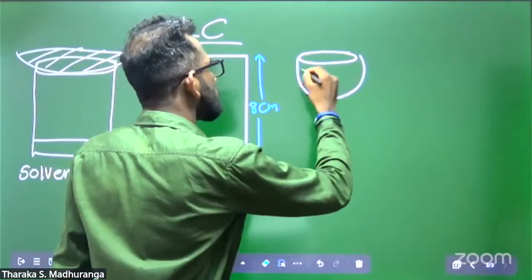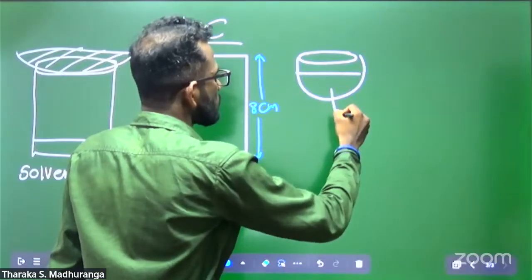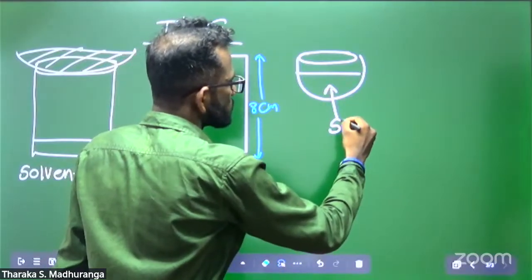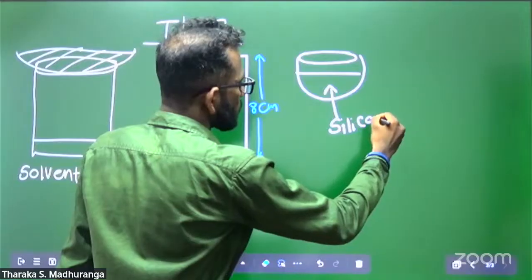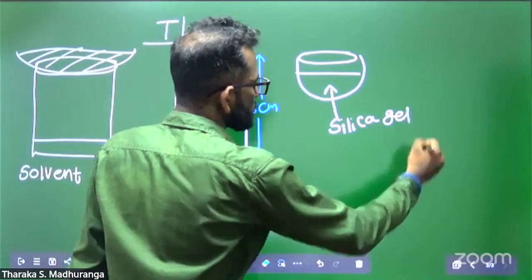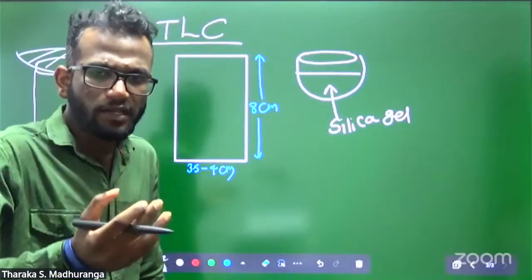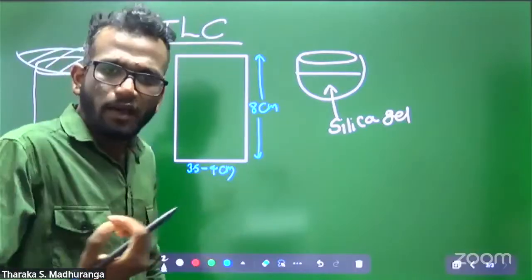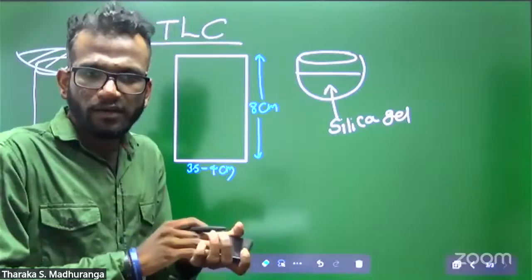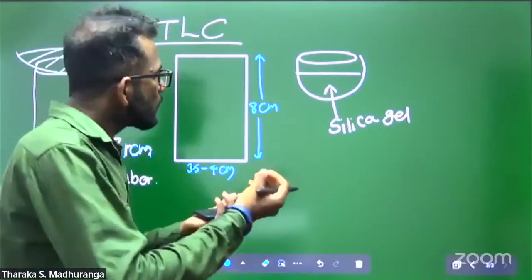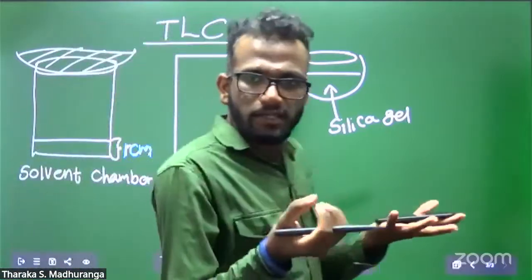You can get some amount of silica gel powder from the laboratory, and you can heat it and then it melts. After that, it is like a gel, a melt, a solution.